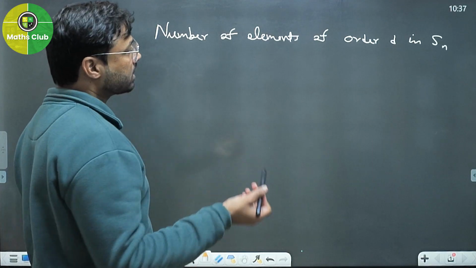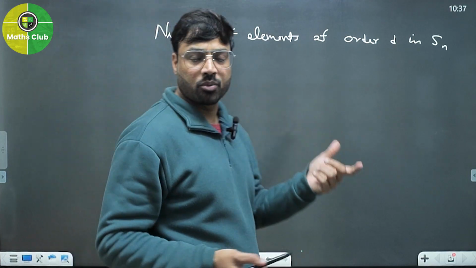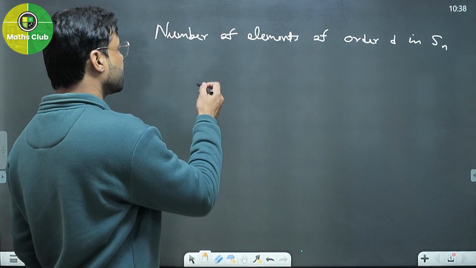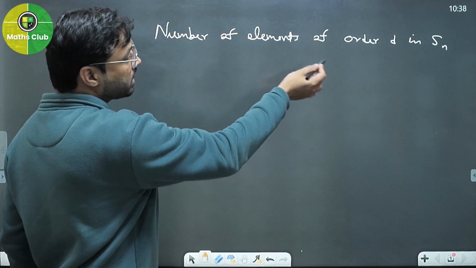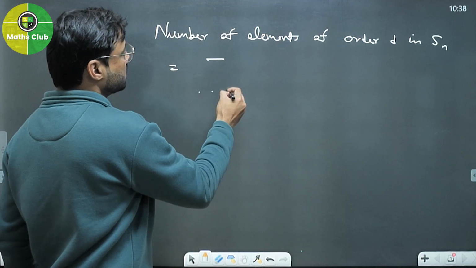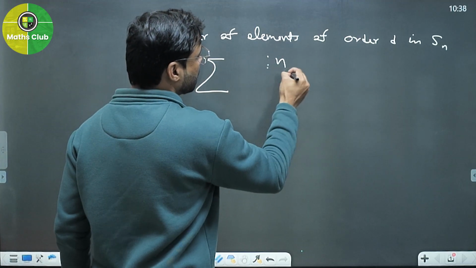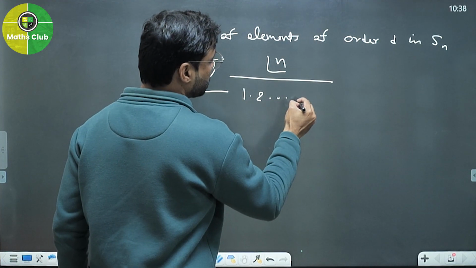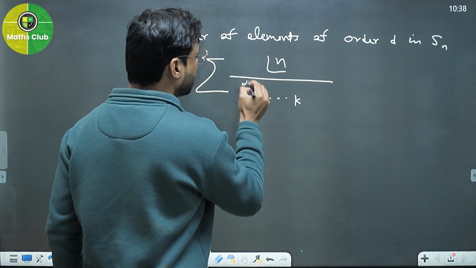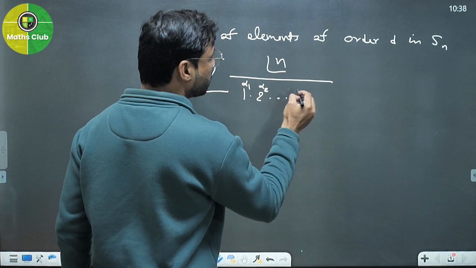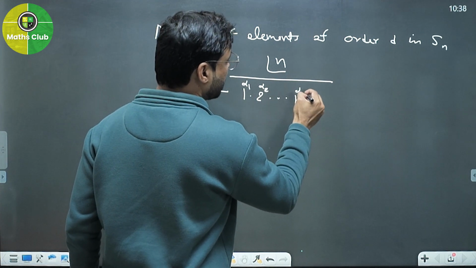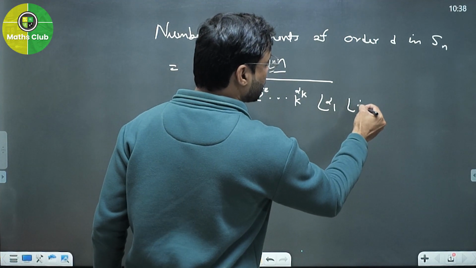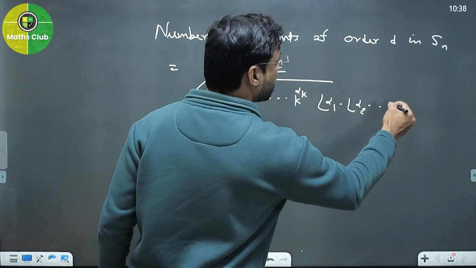So directly we are going to use the formula for the number of elements of order d. The formula is: the number of elements of order d in Sn is equal to the summation of n factorial upon alpha 1 to the power... k, where alpha 1, alpha 2 up to alpha k, and the factorials alpha 1 factorial, alpha 2 factorial, and so on.